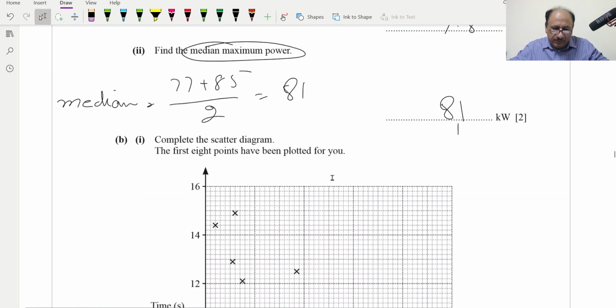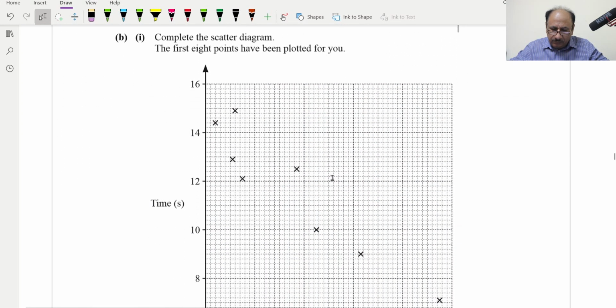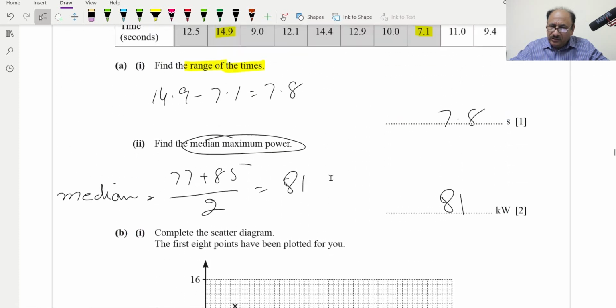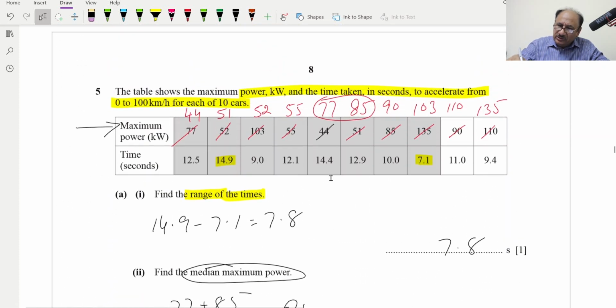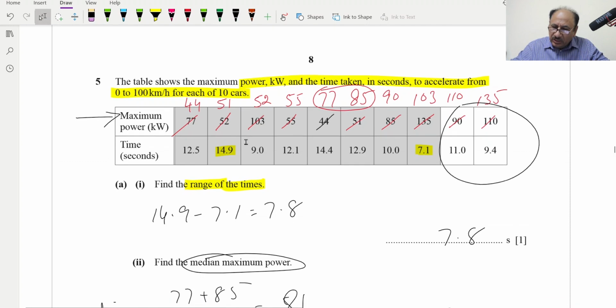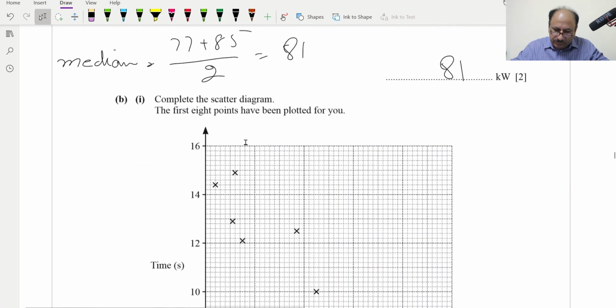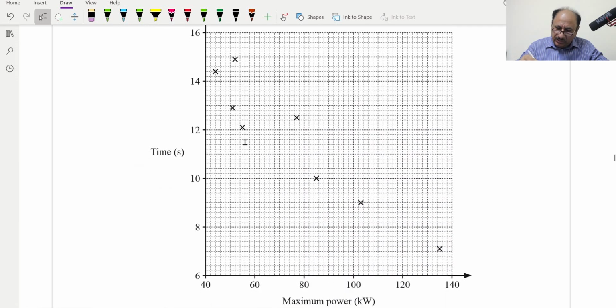Then they are saying complete the scatter diagram. They have plotted points, and the last two points are not plotted, which we have to plot. So 90 and 11.0. 90 will be this one, and 11.0 will be this point.